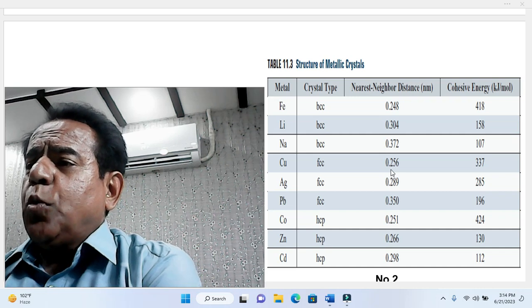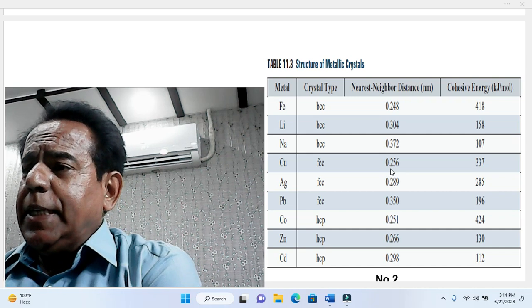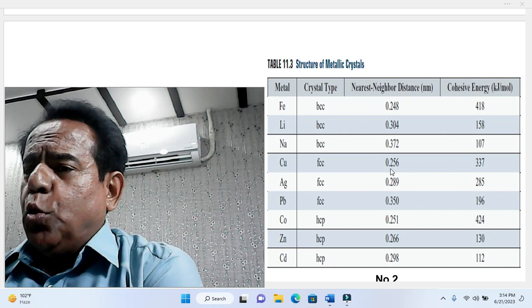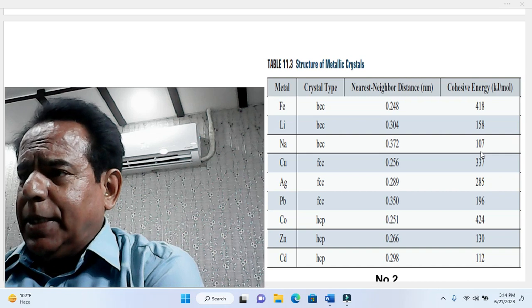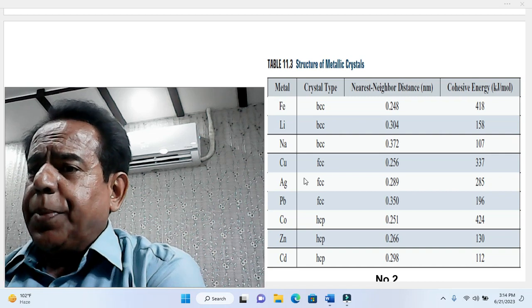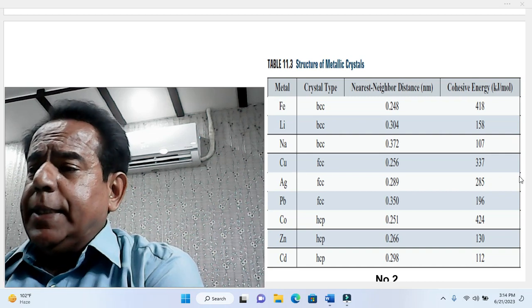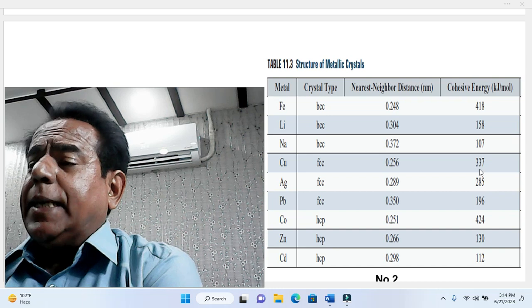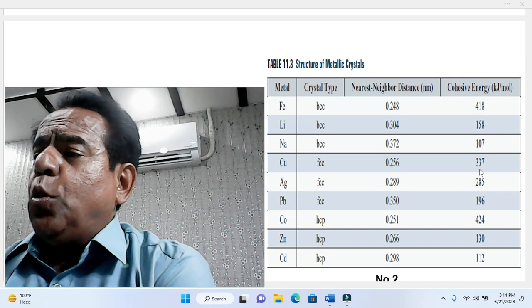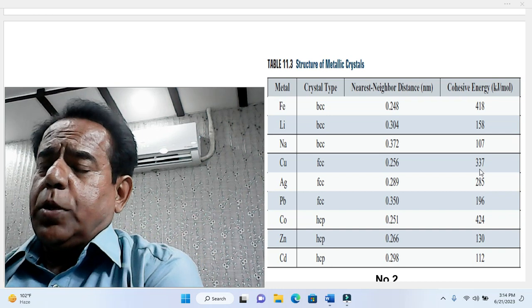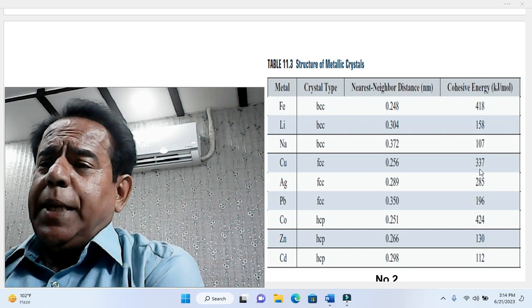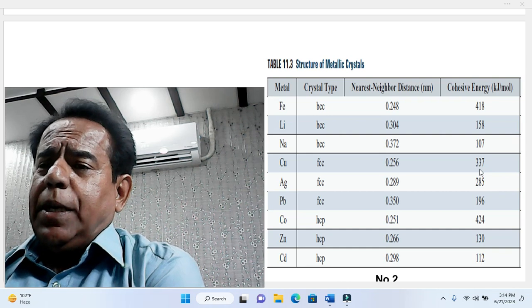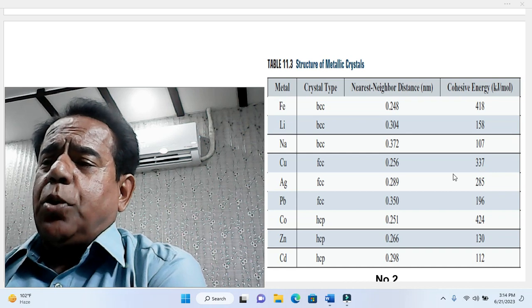Moreover, the cohesive energy in kilojoule per mole for sodium is 107 kilojoule per mole, and for copper it is 337 kilojoule per mole. The remaining part of this table is of no use for us.